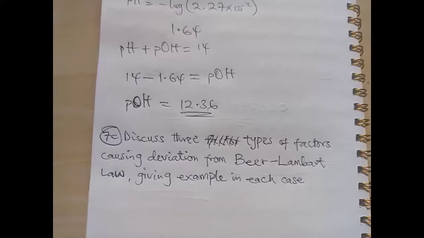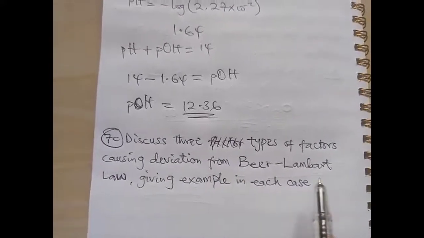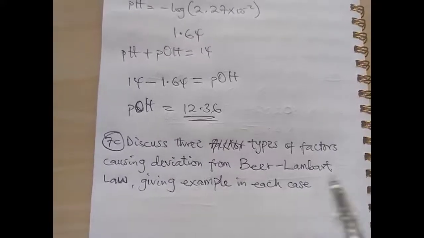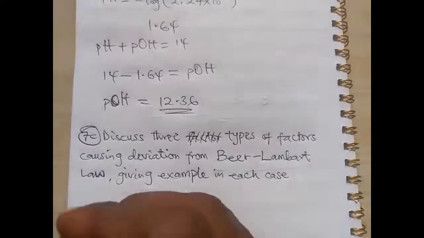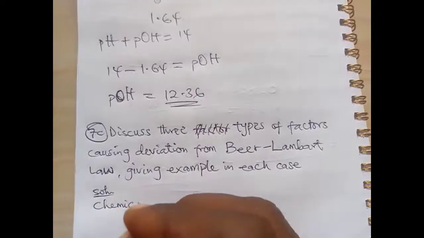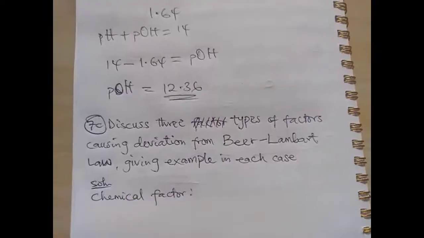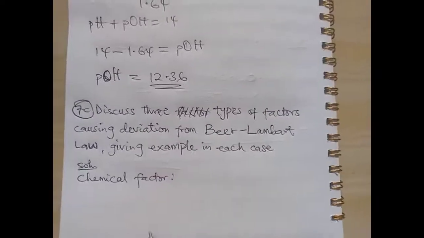The next question says, discuss the three types of factors causing deviation from Beer's law, giving an example in each case. Now, the first one is the chemical factor. For the chemical factor, we have change in concentration.